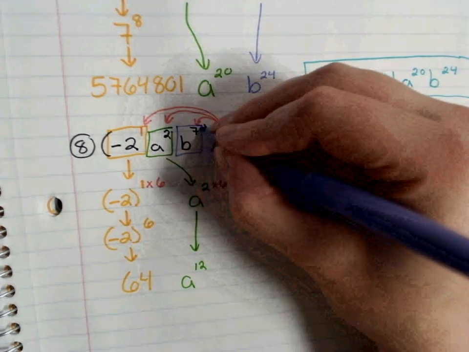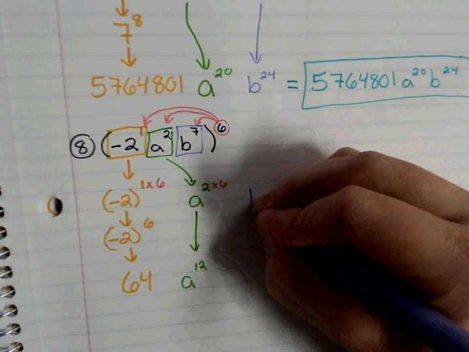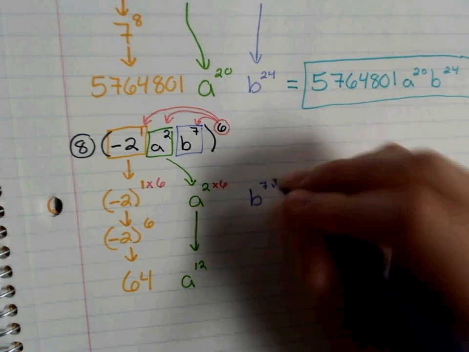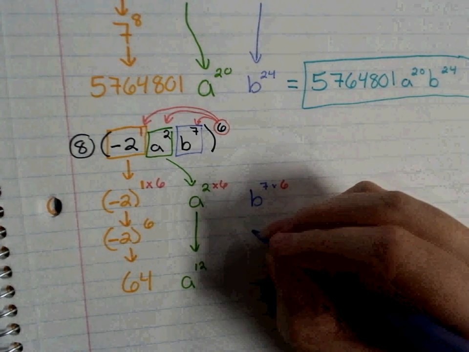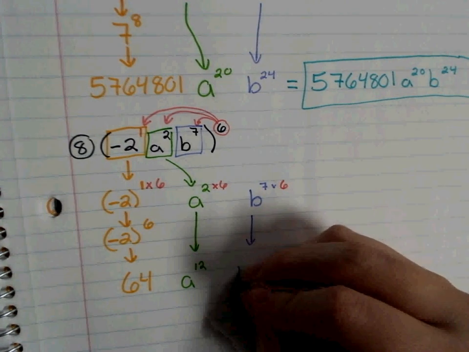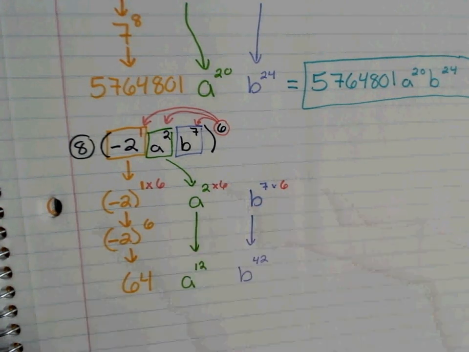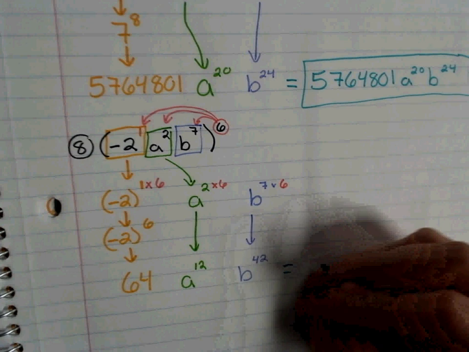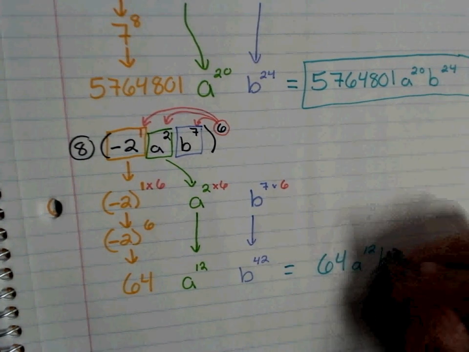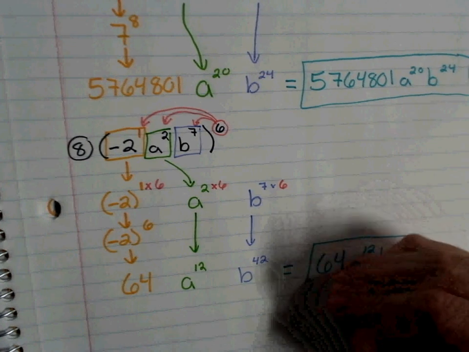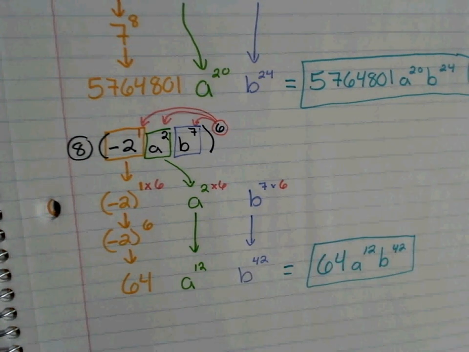Can't say B 42. So you're distributing, so it's B to the 7th times the 6th, which becomes B to the 42nd power. Okay, so then that's it. That's your final answer. If you piece it all together, it's 64, A to the 12th, B to the 42nd. Lena?